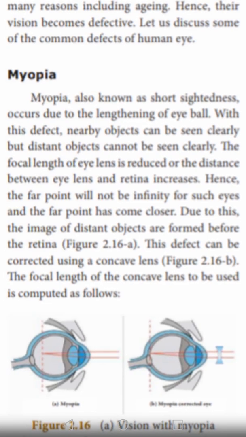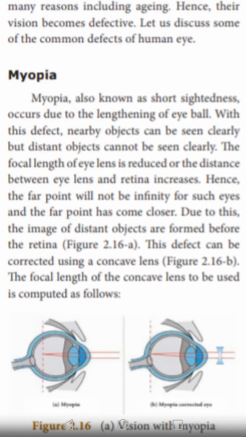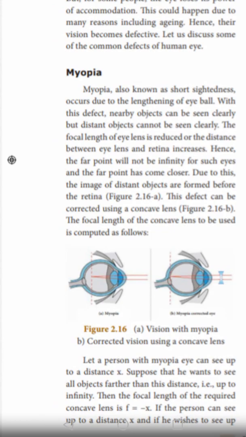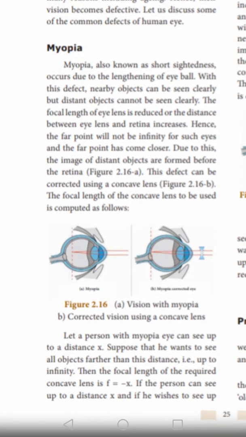The focal length of the concave lens to be used is computed as follows. Let a person with a myopic eye see up to a distance x. Suppose he wants to see all objects further than that distance, that is, up to infinity.